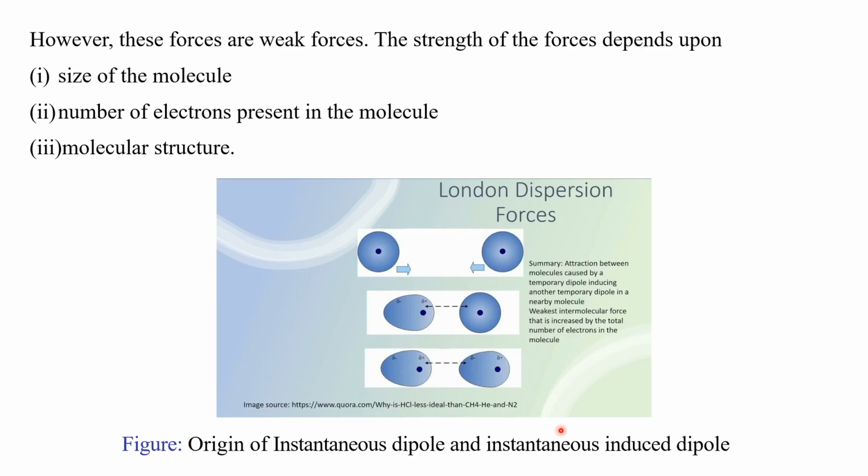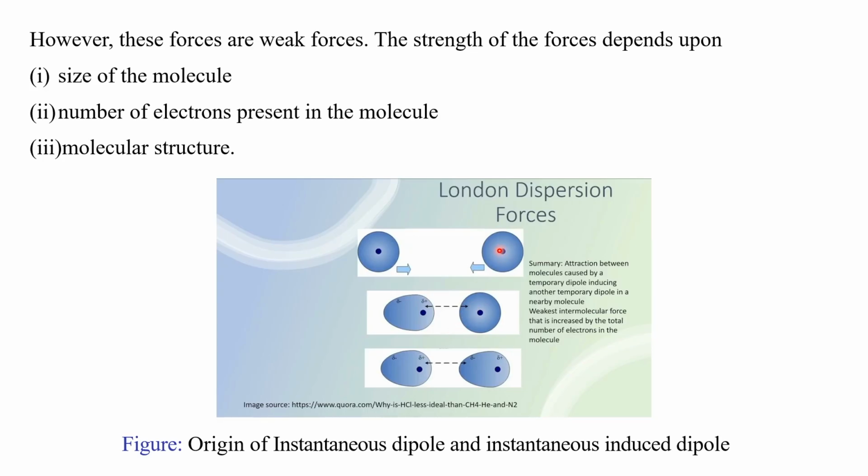So this is the schematic diagram of dispersion force. You see these are two atomic sites. This is the nucleus, and this is the nucleus, and the electrons are moving around the nucleus.